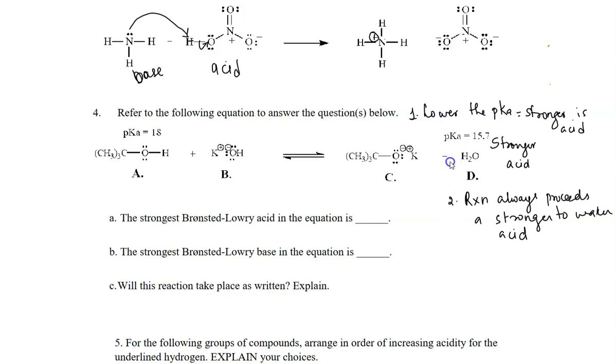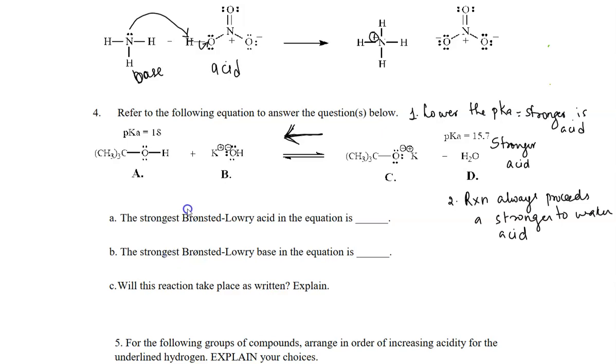So that means it will help us to answer part C, because if this is the stronger acid, then the equilibrium will predominantly lie towards the left side of the equation. So the water is going to act as the acid, this is going to act as my base, and the opposite reaction, where potassium hydroxide KOH and this alcohol are being formed.